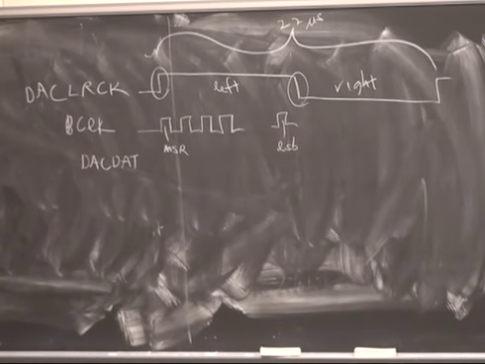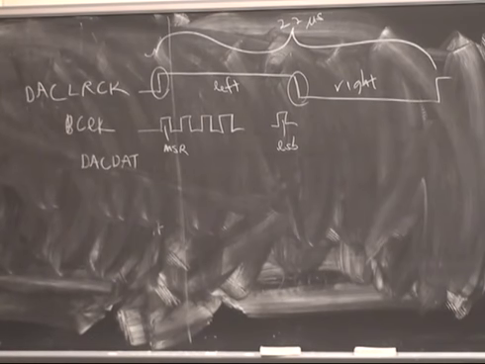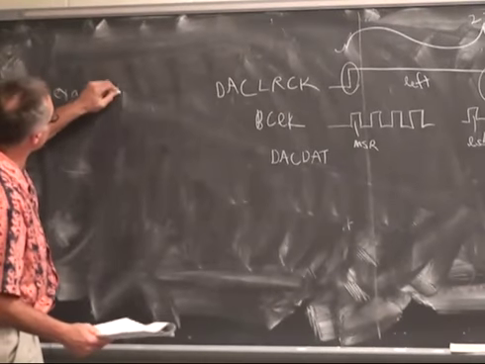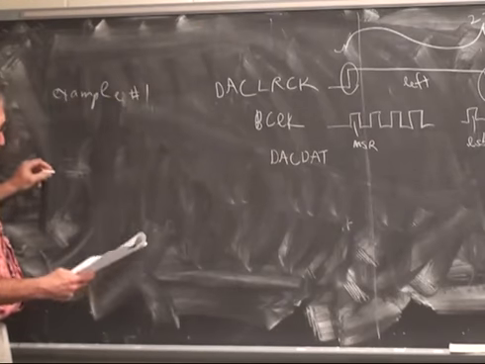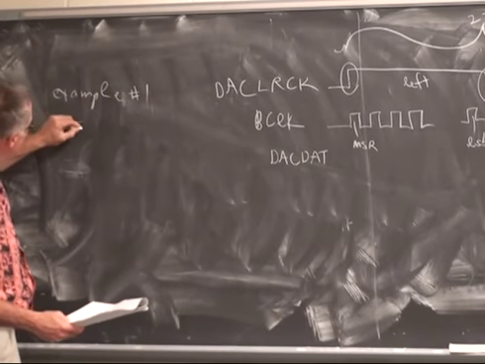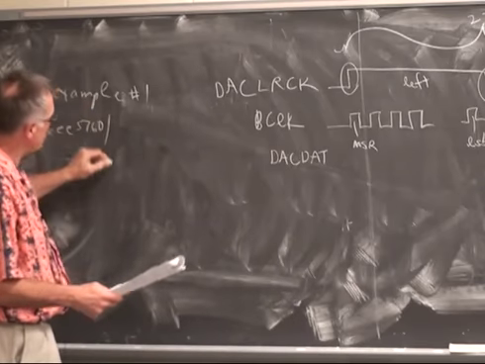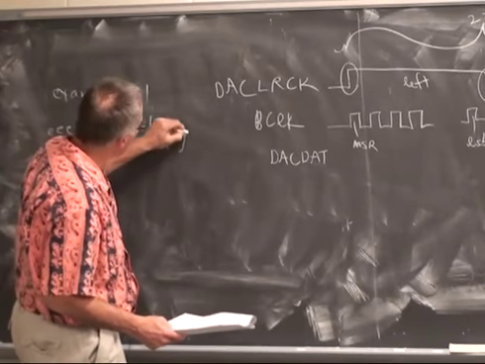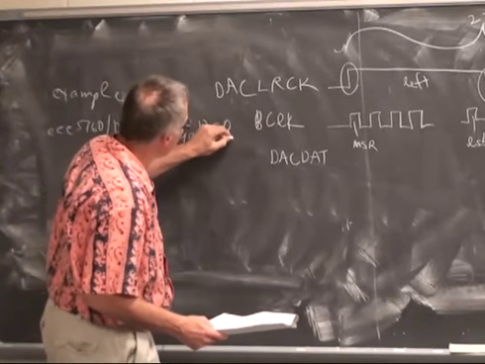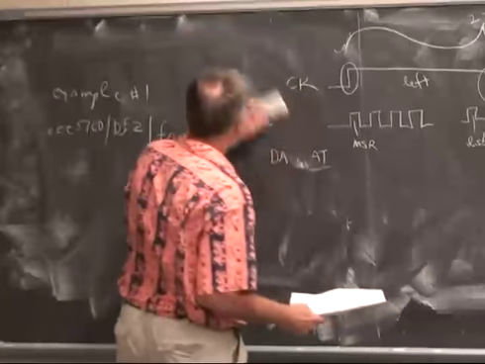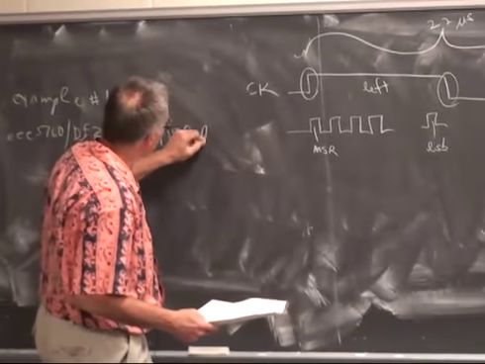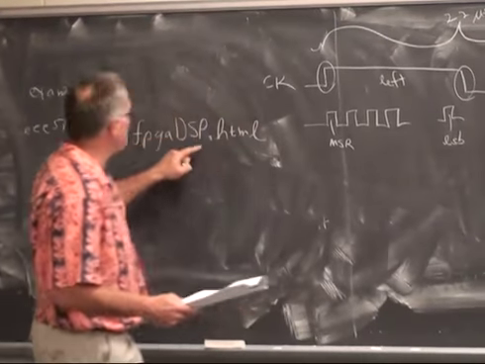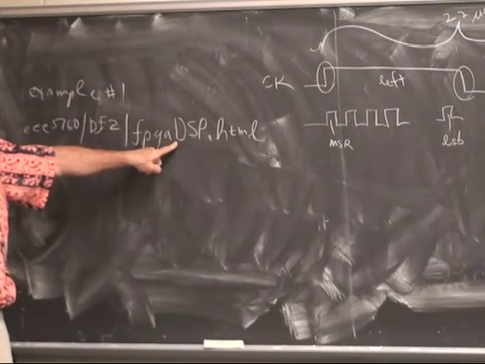To find the code for the audio codec, you're going to want to go to example number 1 on the ECE 5760 page, DE2 FPGA DSP HTML, and the capitalization obviously matters here.